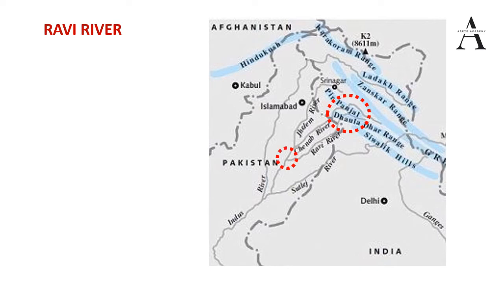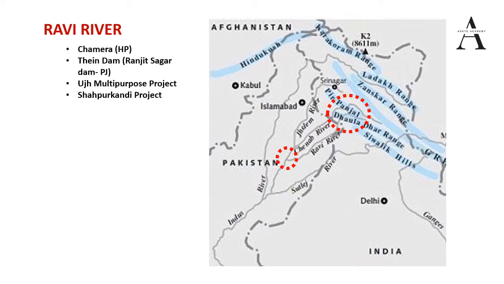Also, we will discuss a few important dams or projects located on the Ravi River. Chamera being the first one, it is in Himachal Pradesh. Thein Dam, which is also known as the Ranjit Sagar Dam, is located in Punjab. Then we have the Uj multi-purpose project and the Shahpur Kandi project.